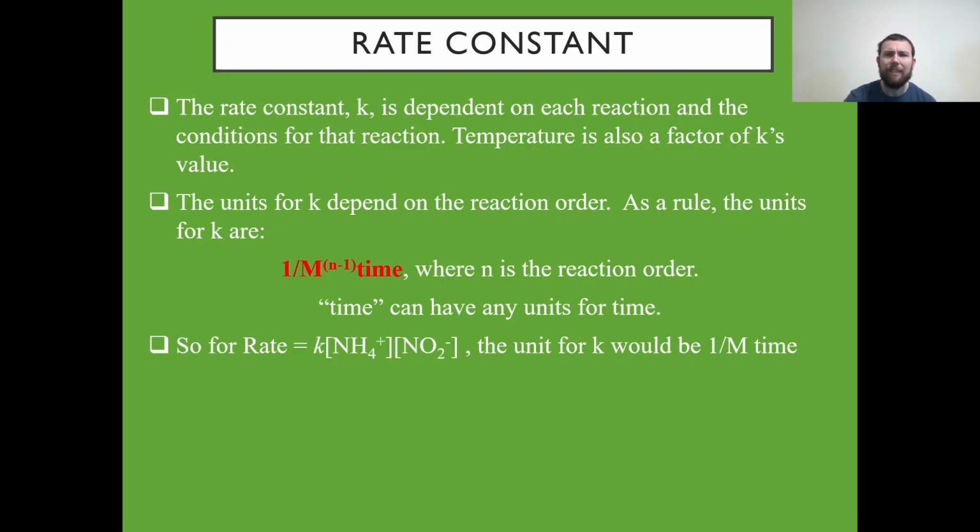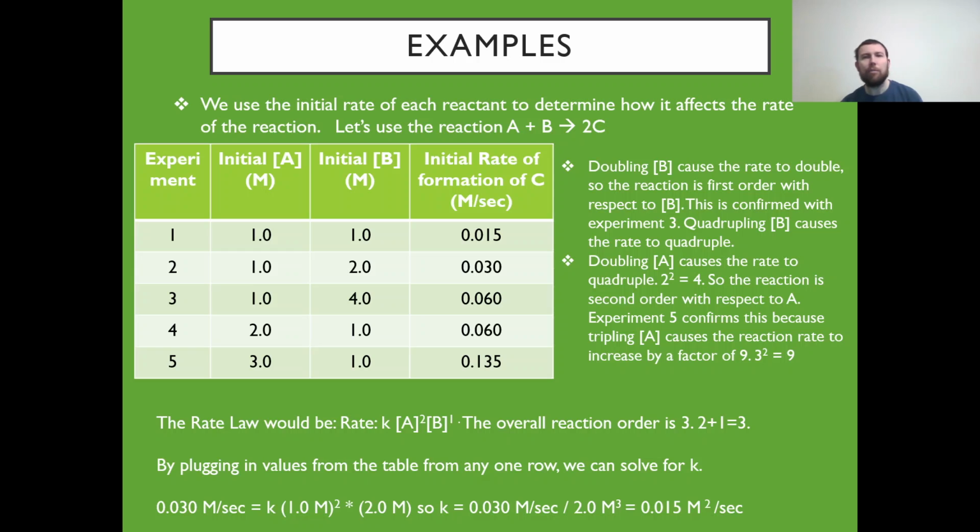Okay. Now, last thing we need to do is look at 2 examples. And again, I know that we did these in class, but it's just good to take a look at them. So we've been given the reaction A plus B yields 2C. And what you should notice is that you've got 5 different experiments that have been carried out.